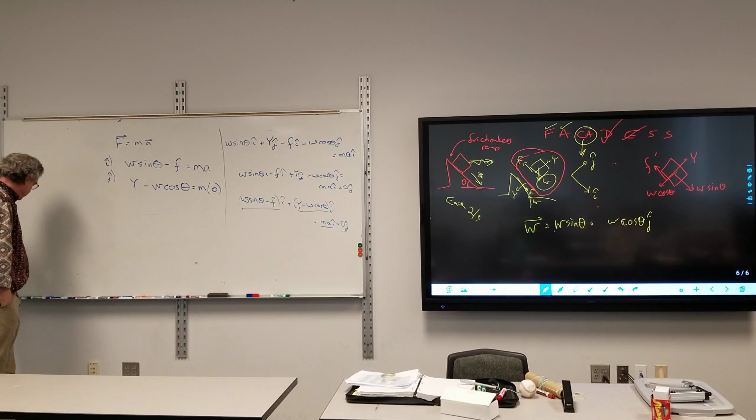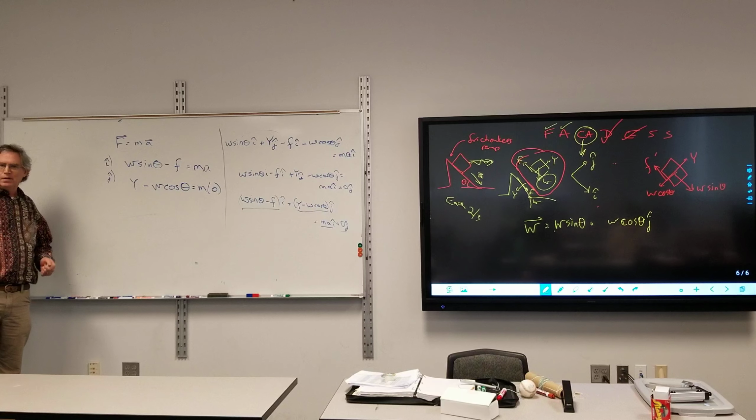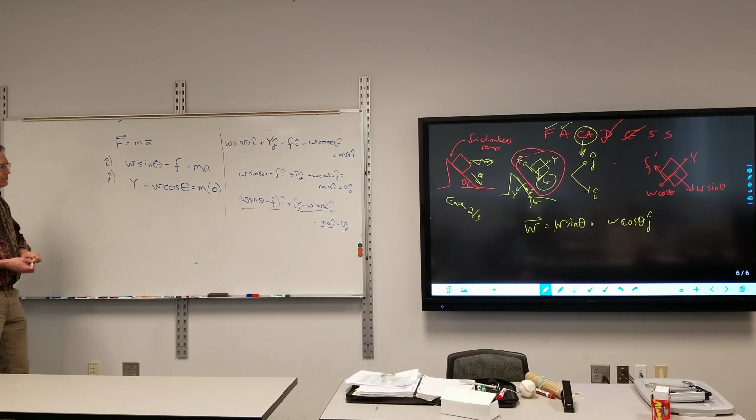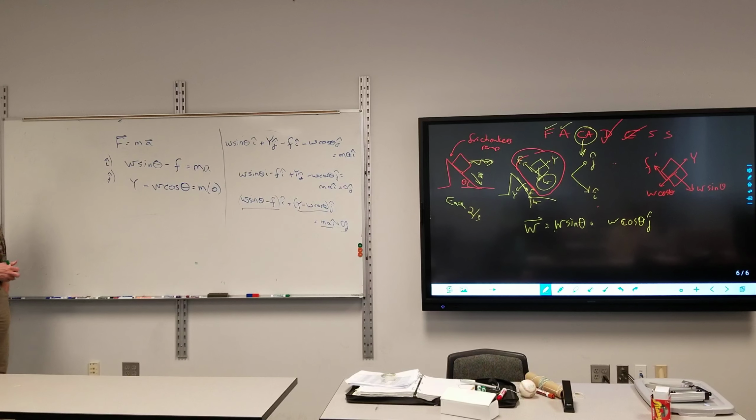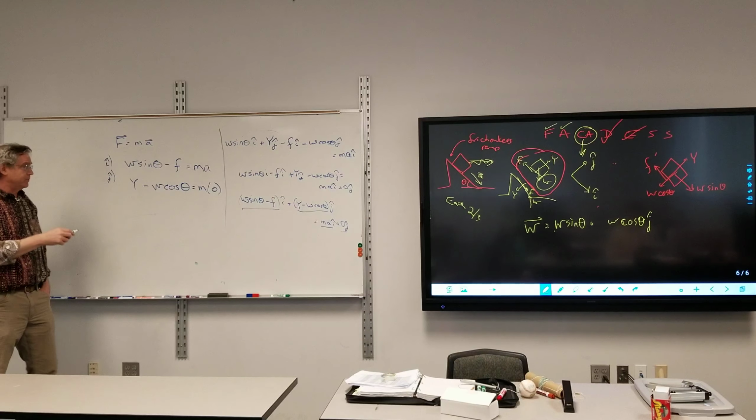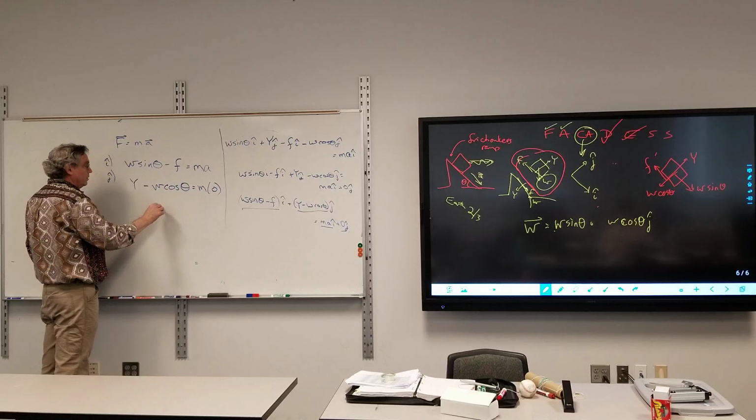And what is the formula for weight? Mass times g. So W equals mg.